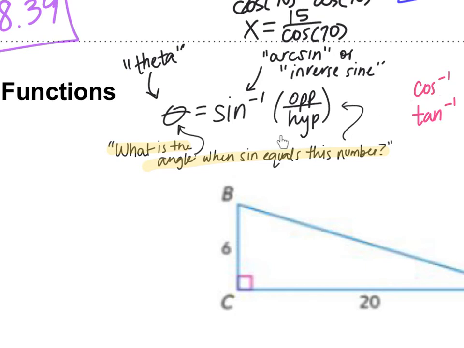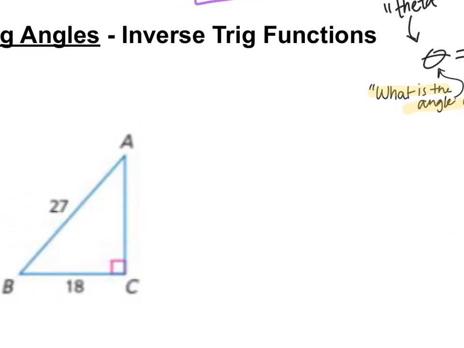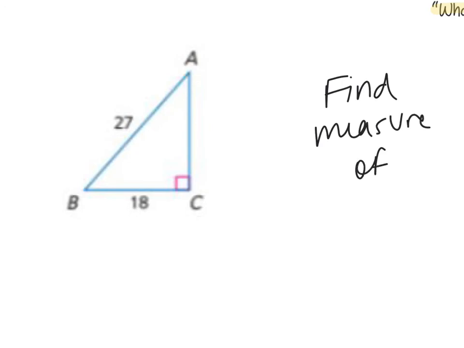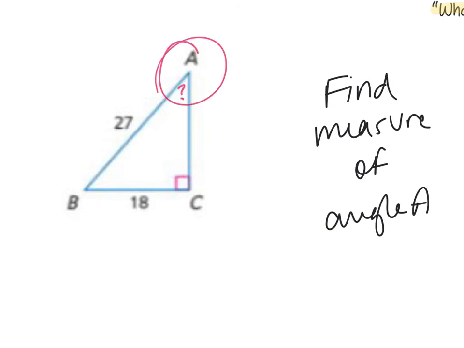Okay, so what this means, theta is our angle measurement. So whenever you need to find the angle measurement, we're going to say, okay, what is the angle when sine equals this specific number? Okay, so let's look at an example. If we are wanting to find the measure of angle A, okay, so we want to find the measure of angle A. What is that angle?